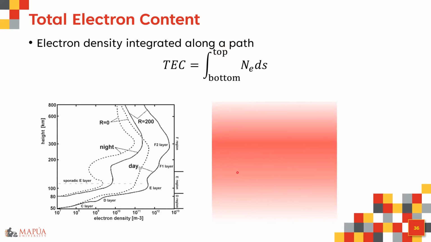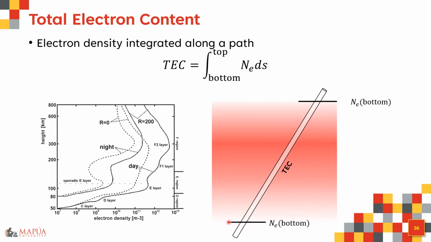So if you have a column of your ionosphere this way, the total electron content is just a sum of the electron density from the bottom layer to the top layer. This is your total electron content along this column.